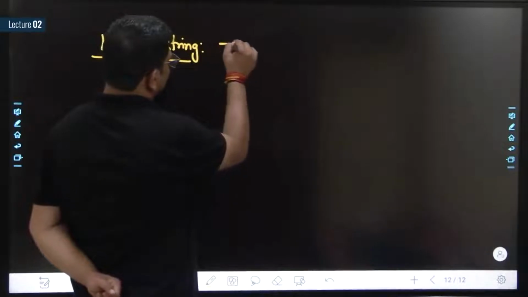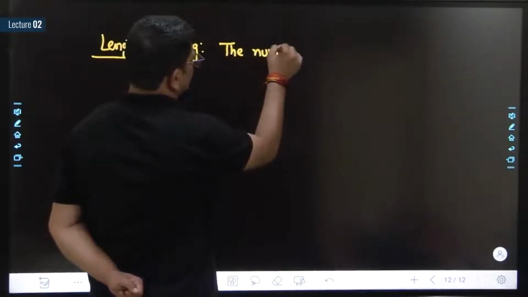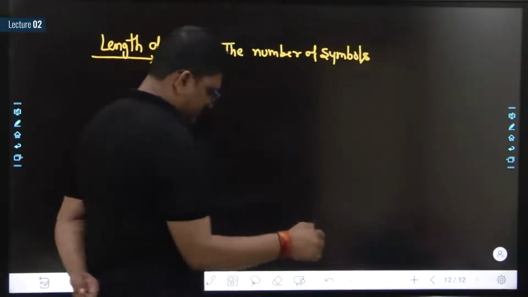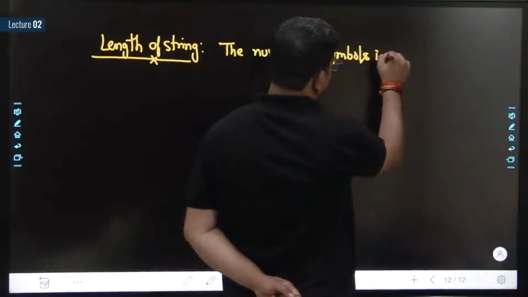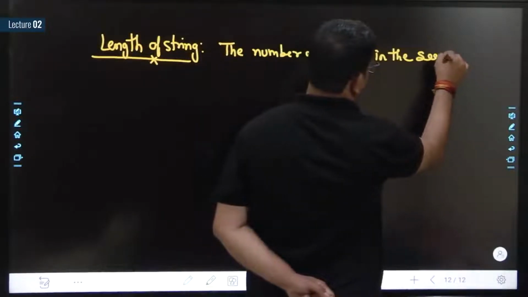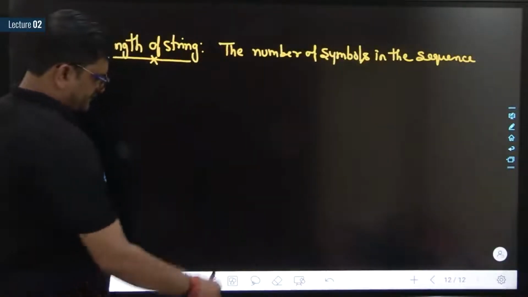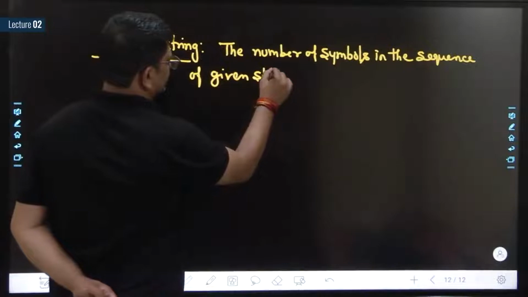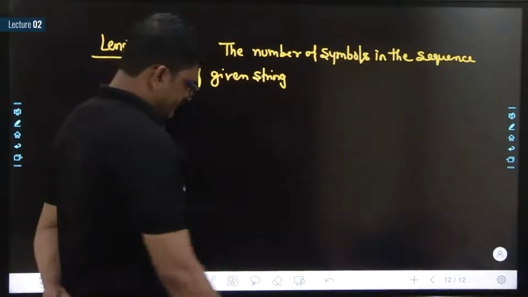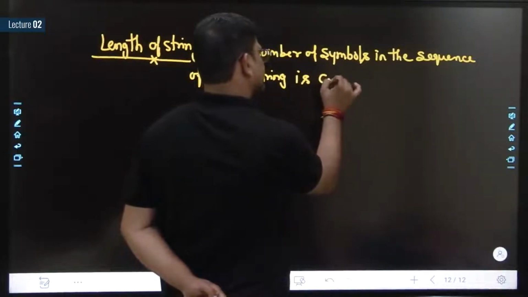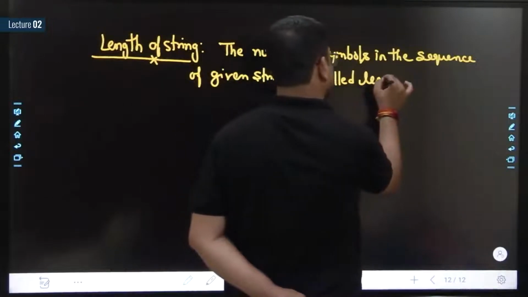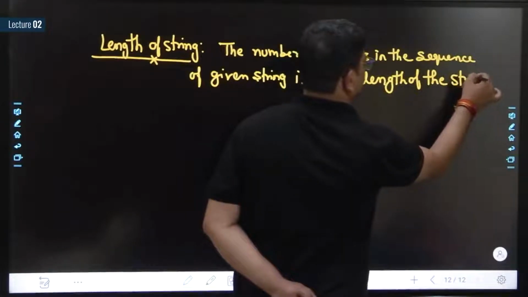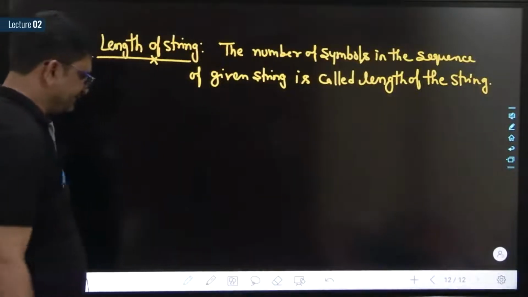The number of symbols in the sequence of a given string is called the length of the string.